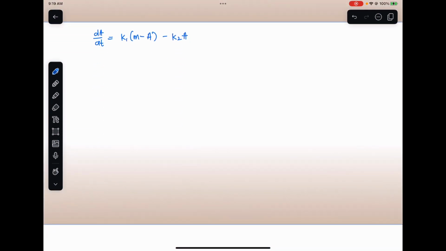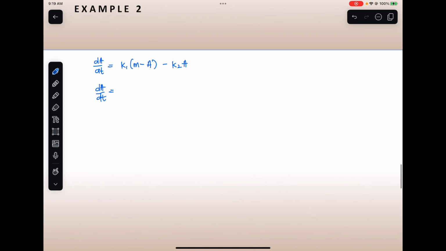So dA over dt. We have two variables here, so we need to combine. We distribute K1, so that will be K1 times M minus K1 times A, then minus K2 times A. So we combine.